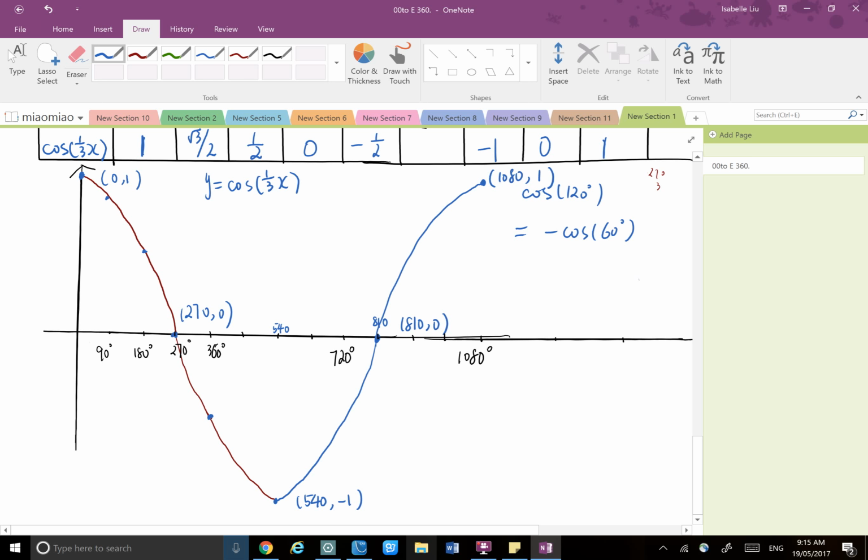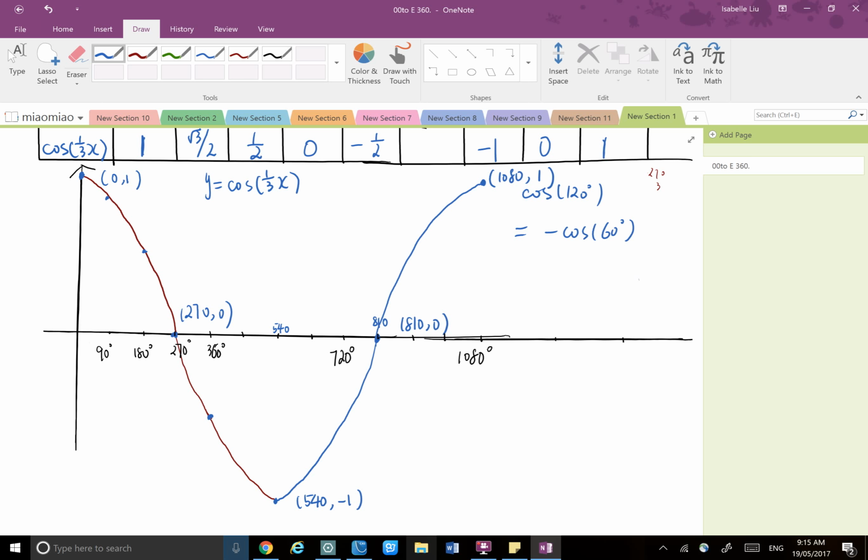Okay, compared to cosine x and cosine a third x, what has been changed? Yeah, it has a full cycle. So that's correct. So we can say the period has been made longer.